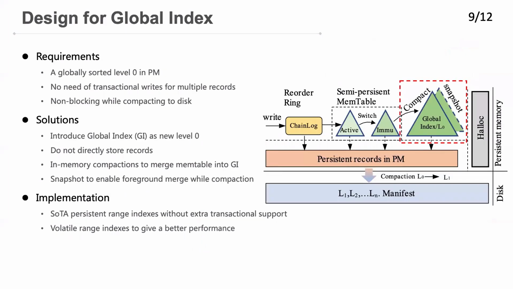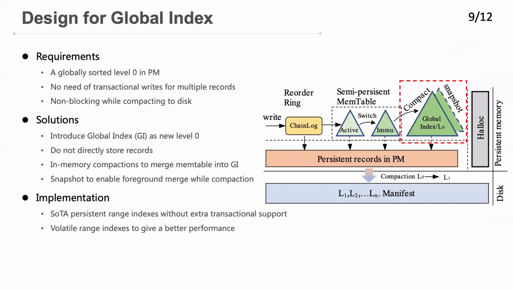The next one is the design detail of the global index. In our design, the global index works as a new level 0. Because of the byte-addressable feature of PM, the global index just stores the index instead of the whole key-value pair. The indexes of memtables are frequently merged into the global index.